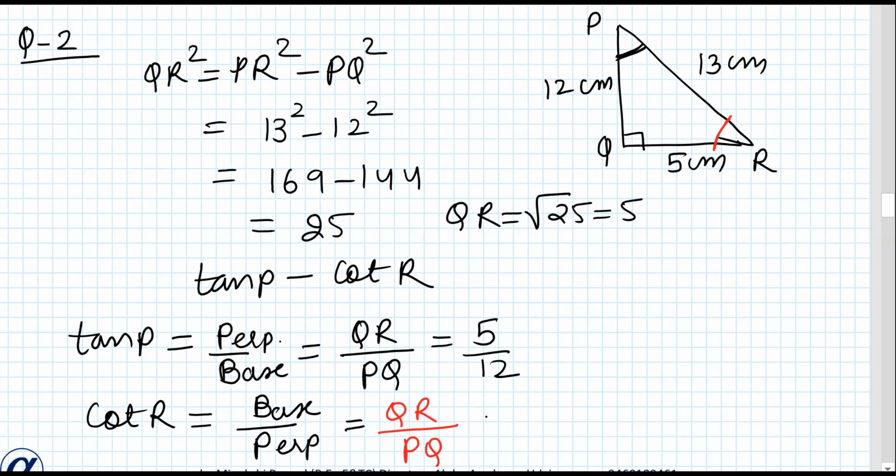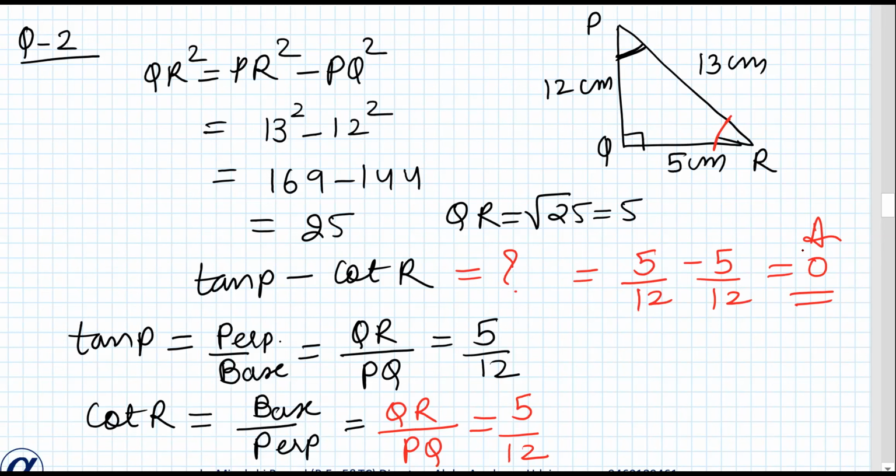PQ. So QR is 5 and PQ is 12. So what we have to find is their difference. So 5 by 12 minus 5 by 12, that is equal to 0. This is the answer.